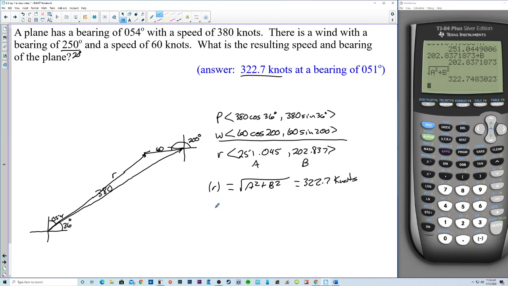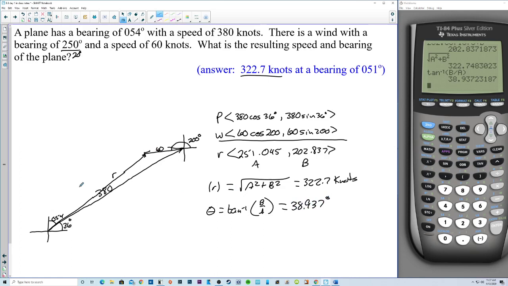Now we need the angle. So let's get theta is equal to the inverse tangent of y over x, B over A, in other words, for this. Inverse tangent of B divided by A. 38.937 degrees, but that's unit circle talk.